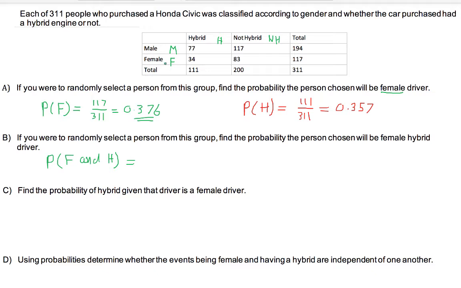Female and hybrid. Okay, how do we find the female and hybrid? So you see female, this row, and hybrid, this one. So this is the 34, the number of female hybrid drivers, then divided by total.